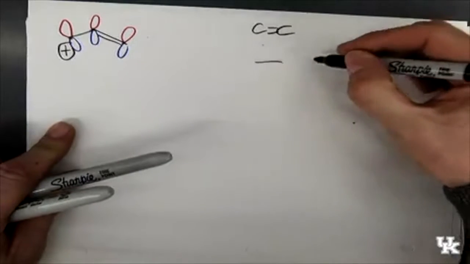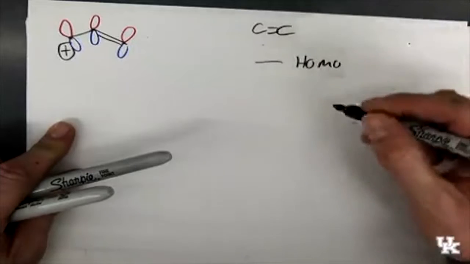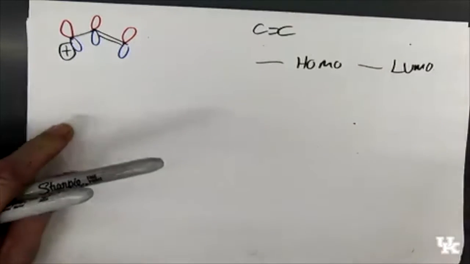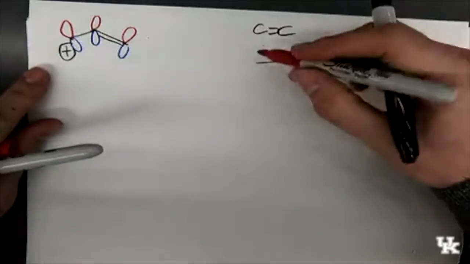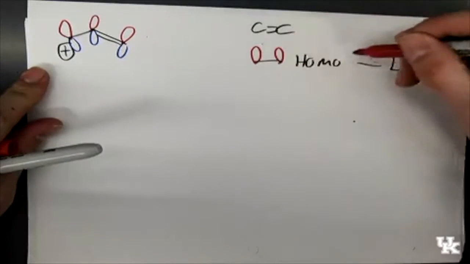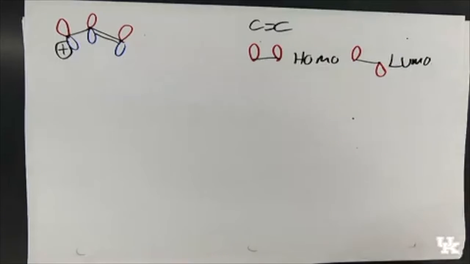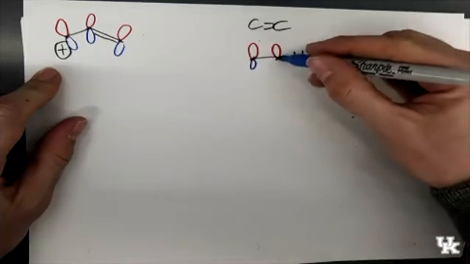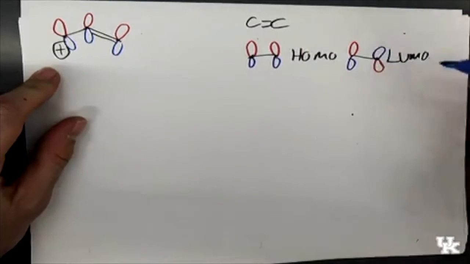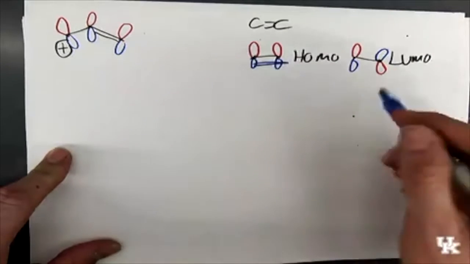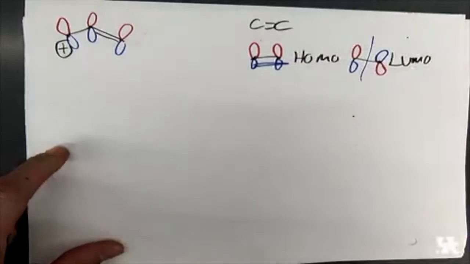The highest occupied was here, and the lowest had a different structure. Now let's keep these open. And the difference there was the constructive and destructive interference, right, between the 2. Either you had a bond between or you didn't. So we'll just draw a line through.